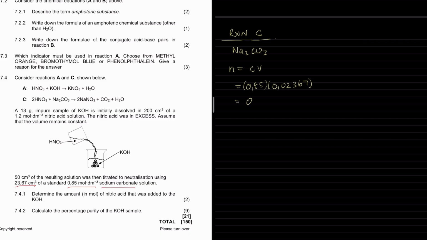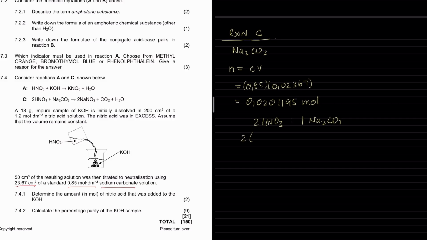That gives us 0.021195 moles. Now we do a mole ratio. So you have HNO3, so it's 2 to 1. So to get the number of moles of the HNO3, you multiply this by 2.